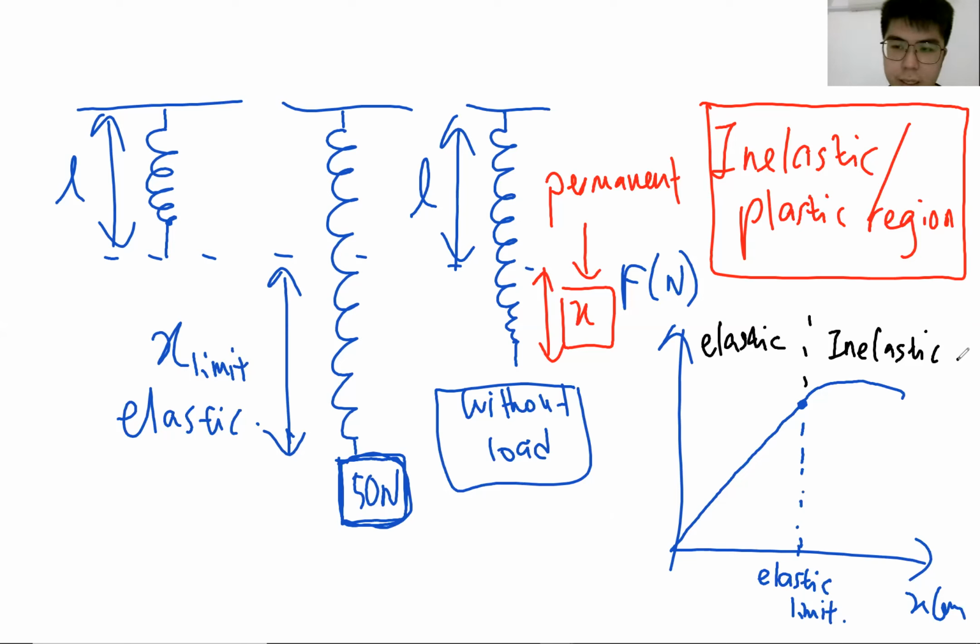So what happens in the inelastic region? This happens because when you extend it beyond its elastic limit, the internal molecules inside the spring will start to wear and tear apart. So when you let go of the force, it no longer returns to the original length because it is already deformed.